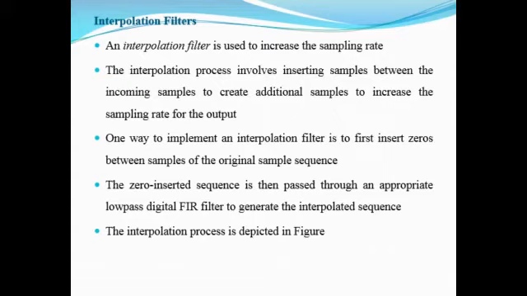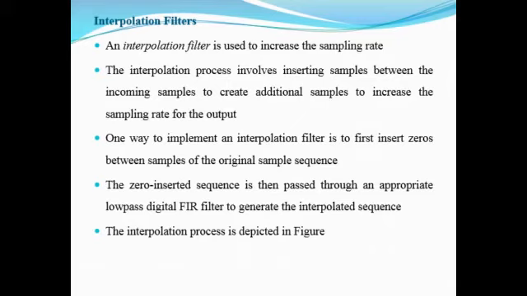One way to implement it is to first insert zeros between the samples of the original sequence. So initially we insert zeros, based on the interpolation factor, and proceed further to get the interpolated sequence.